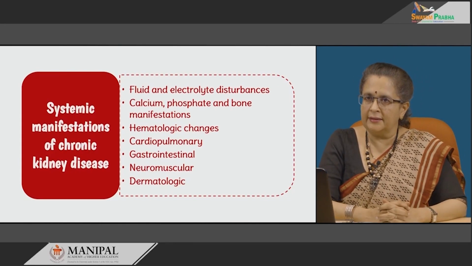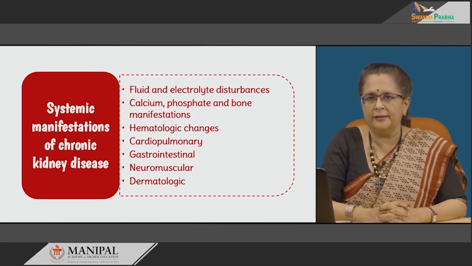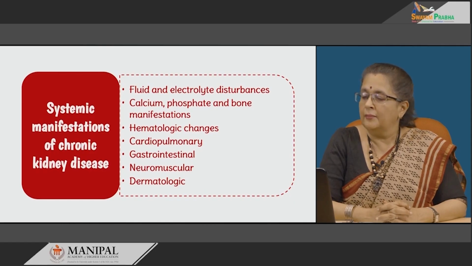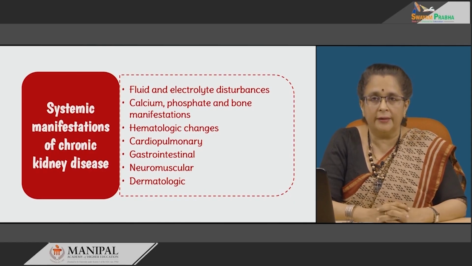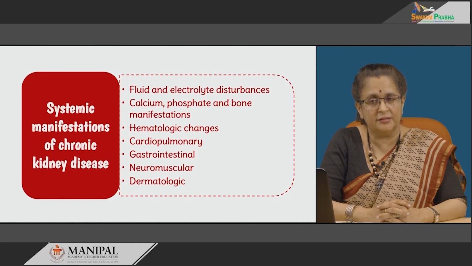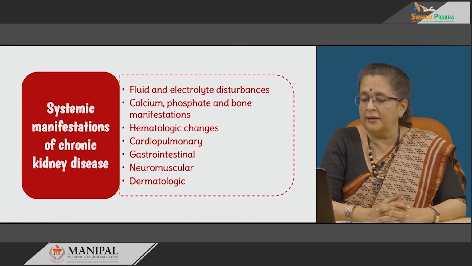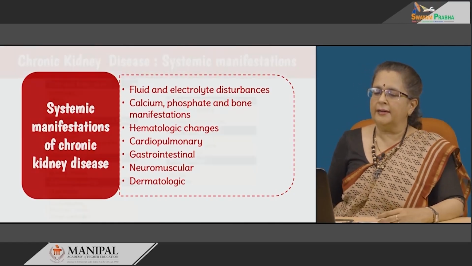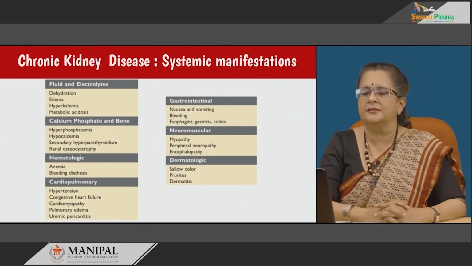You get fluid and electrolyte disturbances, calcium phosphate and bone manifestations, then hematological changes, then manifestations secondary to involvement of the gastrointestinal system, neuromuscular, then cardiopulmonary system, as well as dermatological manifestations. So let us have a look at exactly what happens in all these conditions.